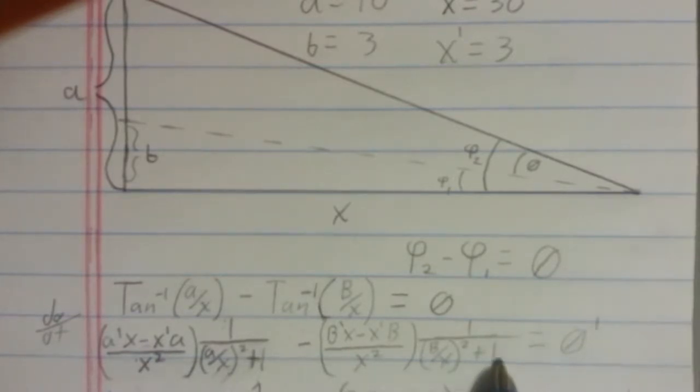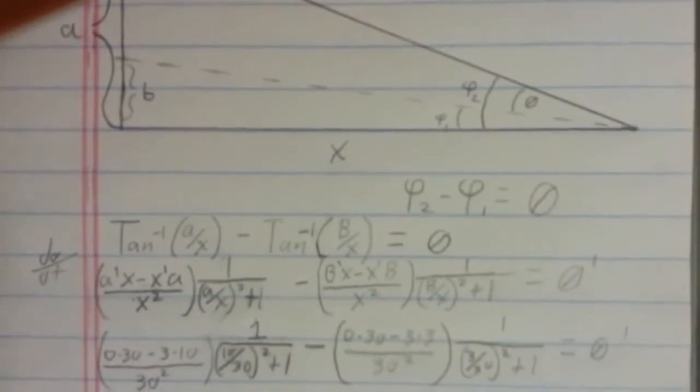We do the same method to the second arctangent, only with b in place of a. Now this, in turn, equals theta prime, having taken the full implicit derivative of the equation.